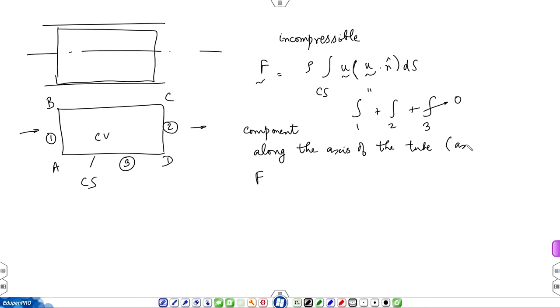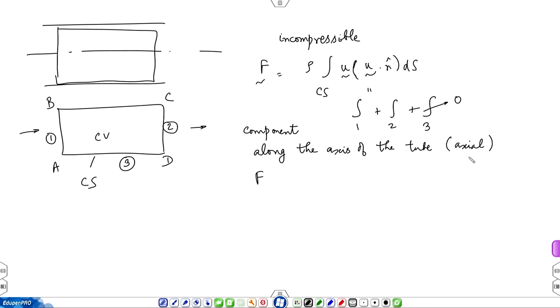This is called axial component. For integral 1, once again n is directed to the left, flow is to the right. So, you write it as minus u 1 square, right, and ds will be A 1, that is an evaluation of the integral.